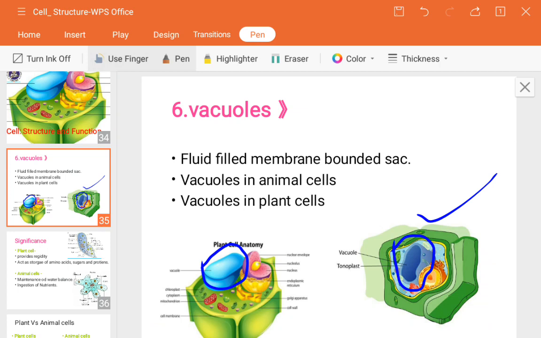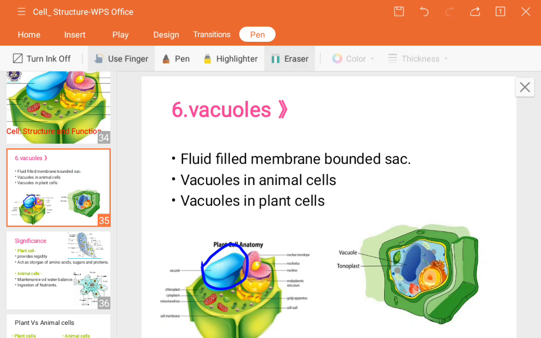So every organelle that exists in life is present in both plants and animals, except the plastid or chloroplast, which is not present in the animal cell. See here, the vacuoles are present in both plant and animal cells.